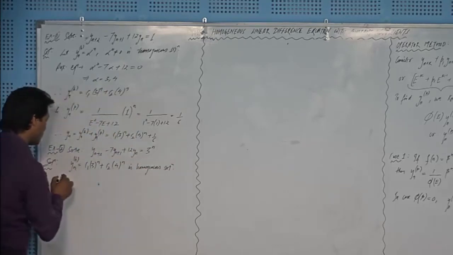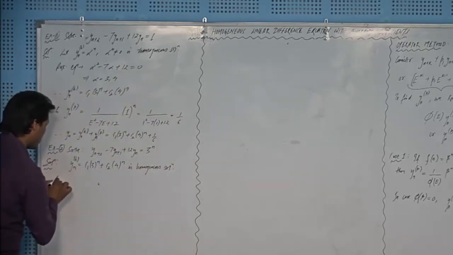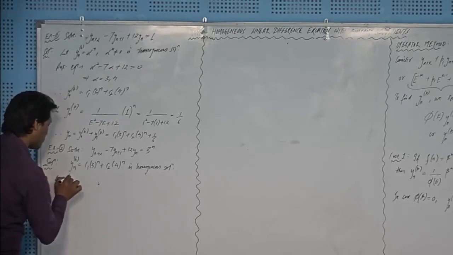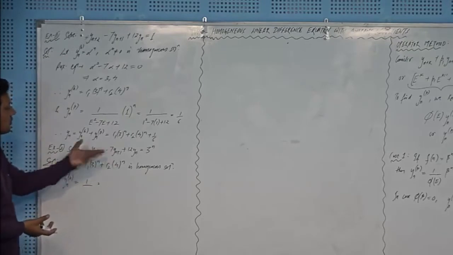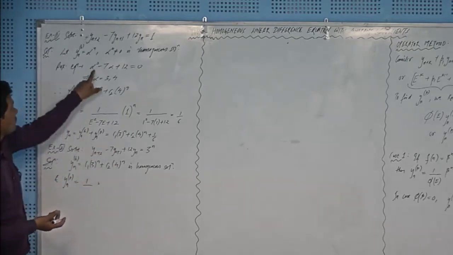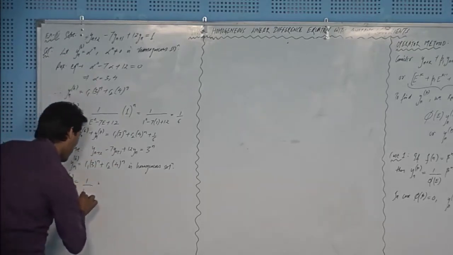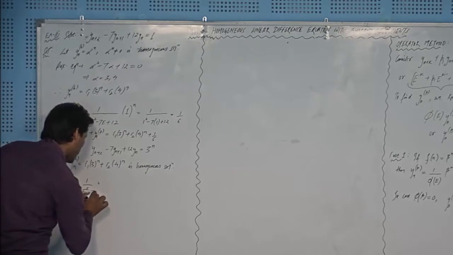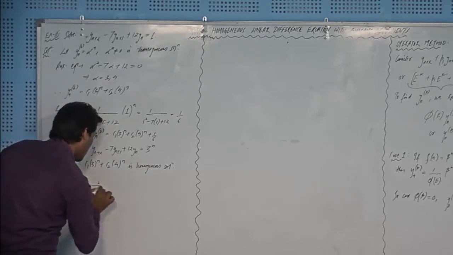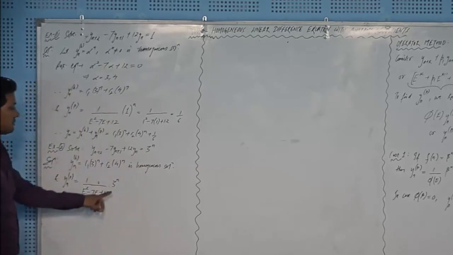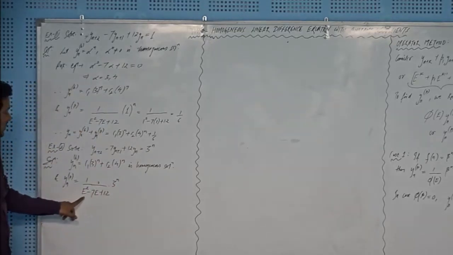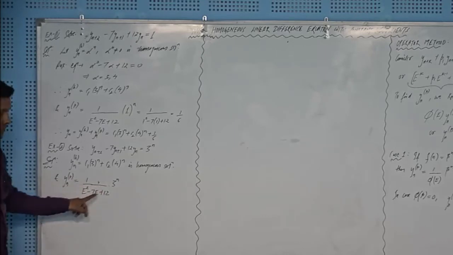And then calculating its particular integral, y_n^p is equal to 1 over the auxiliary polynomial. I have not written that, so copy it from here: capital E squared minus 7E plus 12, and the function on the right-hand side is 3 to the power n. This time beta is equal to 3, so you would replace capital E by 3.